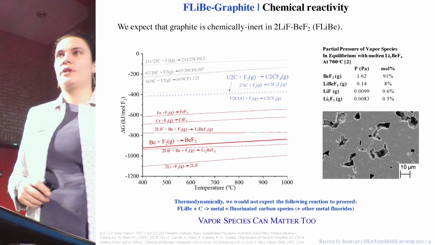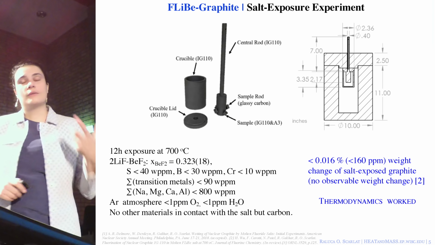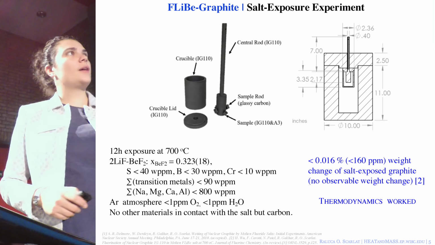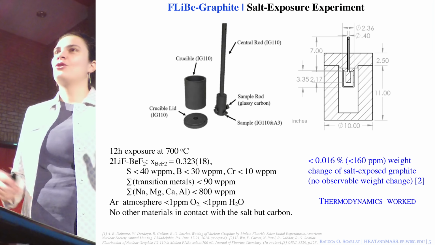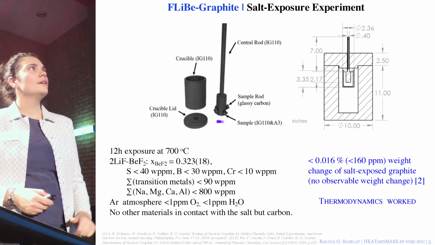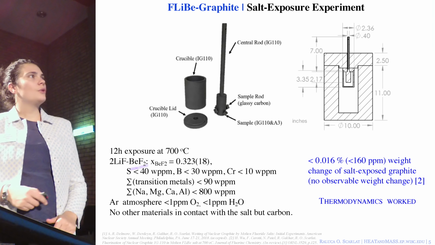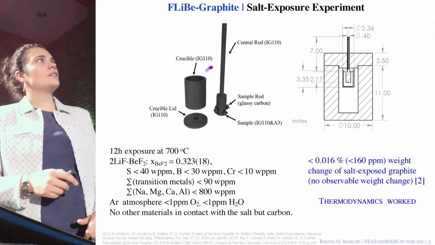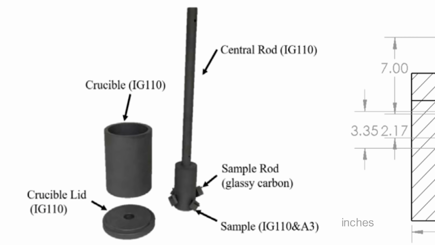Nevertheless, we wanted to make sure that we got it right. And so we designed an experiment to test the hypothesis that nothing should happen. It should have been an easy experiment to run. We did a 12-hour exposure at 700 degrees Celsius in a graphite crucible with graphite coupons with salt in the graphite. And so this was done so that we avoid introduction of additional materials in contact with the salt.